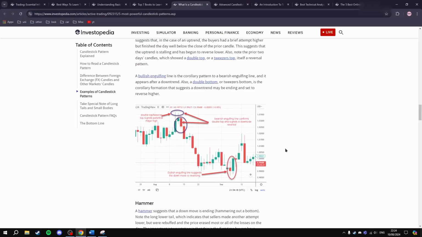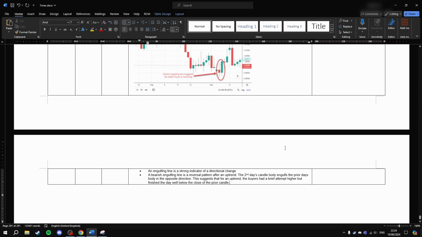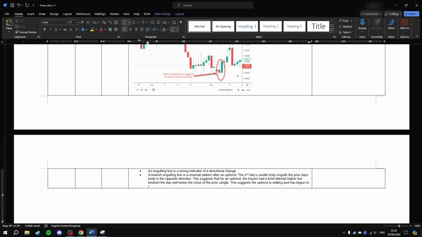This suggests that the uptrend is stalling and has begun to reverse lower.